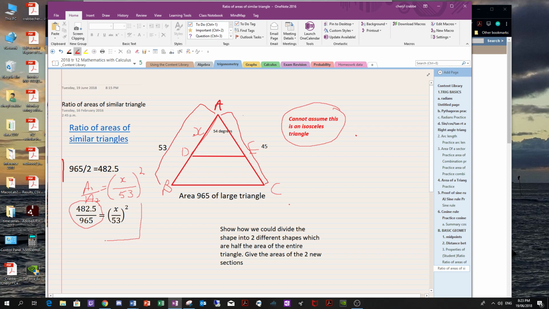And so now to find x, you just solve for x. Multiply both sides by 53, and then take the square root, and you'll get x. And that is another way that you can divide up shapes and find designated areas. This is just another way that you can do this.